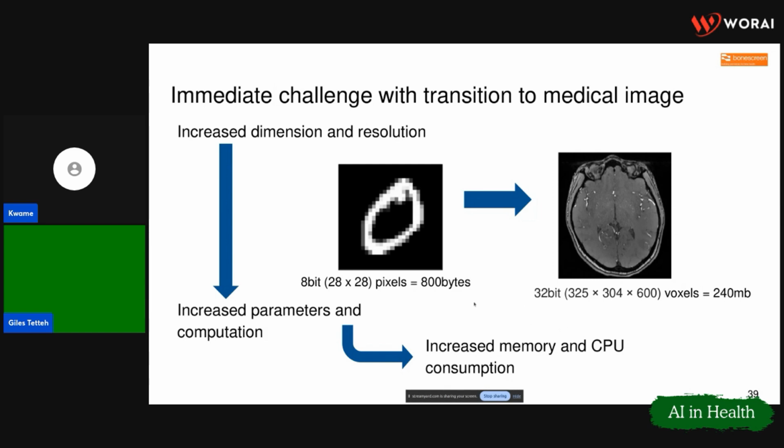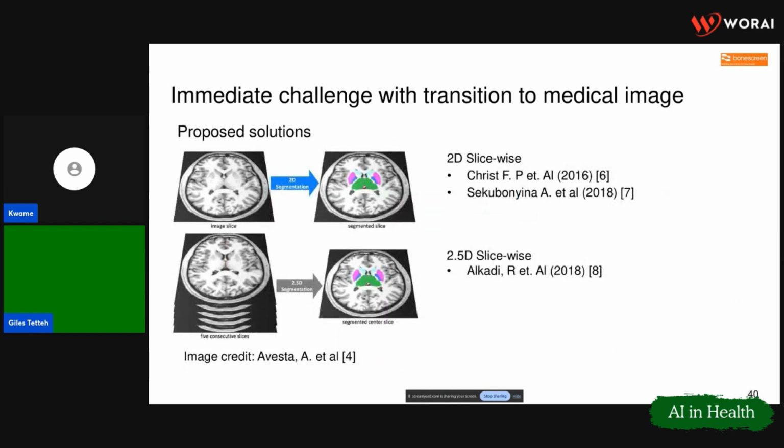And to address this, this is just the next step in applying deep learning to medical images. In addressing this, several people have proposed solutions, right? So the first solution is that, okay, even though medical images are 3D in general, we can still get slices of 2D images, which make up the 3 dimensions.